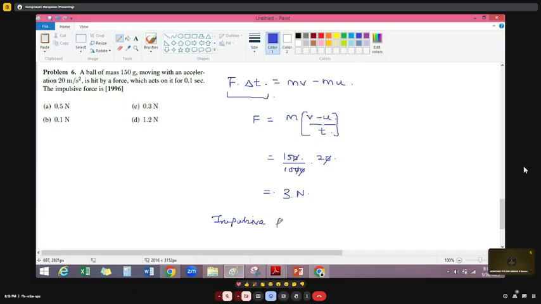Actually it's impulse, but sometimes they call it impulsive force. So F into delta T is 3 into 0.1 second, that means it is 0.3.